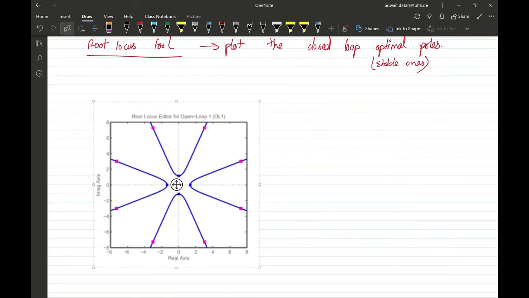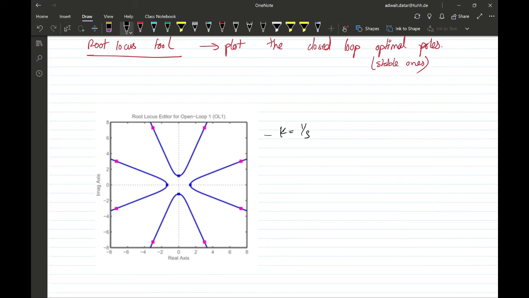So in this picture, you see the plot of the root-locus tool for different values of k, which is on our row. You see the different pole locations along these curves.